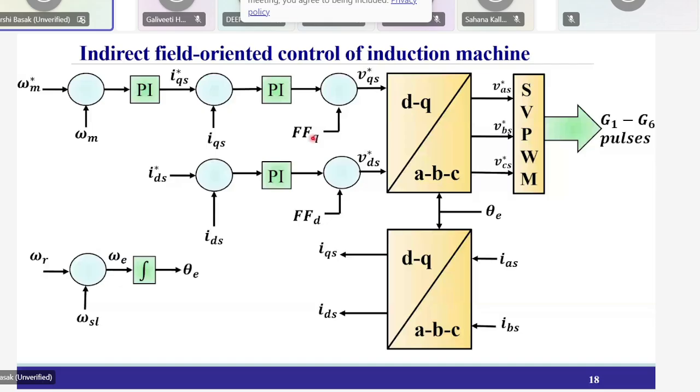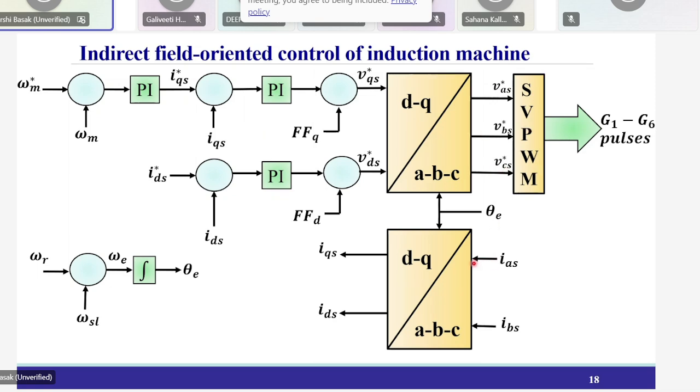I am coming to the feed forward expression. Give it to VQS, and then perform DQ to ABC, because finally all your variables are in the ABC domain, right? To perform a reverse transformation, and you send it to the inverter.